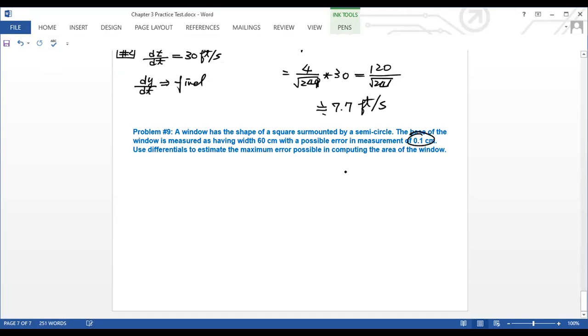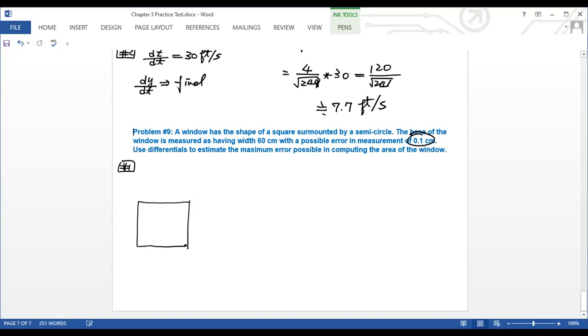Now I want to use differentials to estimate the maximum possible error in computing the area of the window. Okay, so like we did before, let's draw a picture to see what that means.